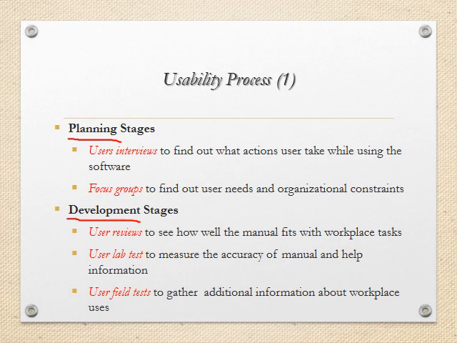During the planning stage, we conduct user interviews to find out what actions users take while using software. Also, we perform focus groups to find out user needs and organizational constraints.